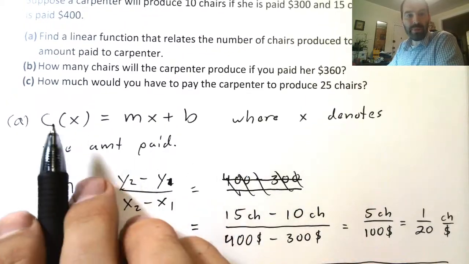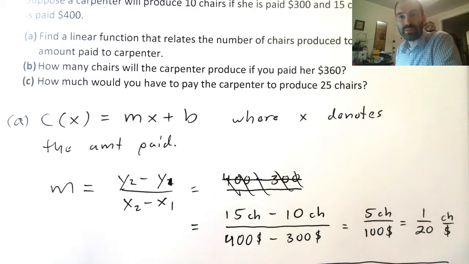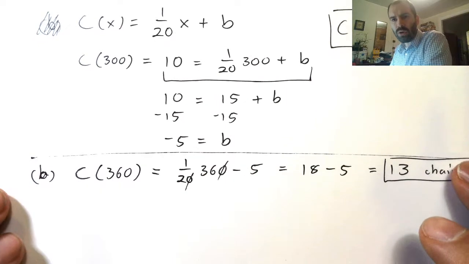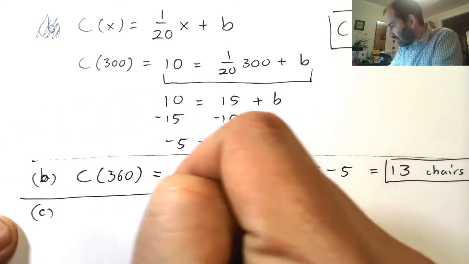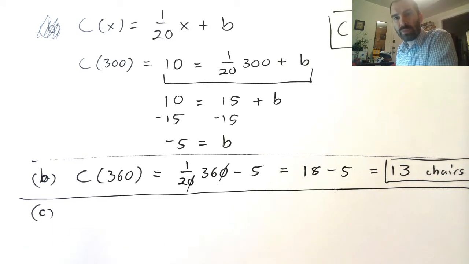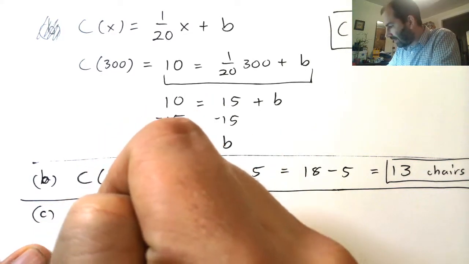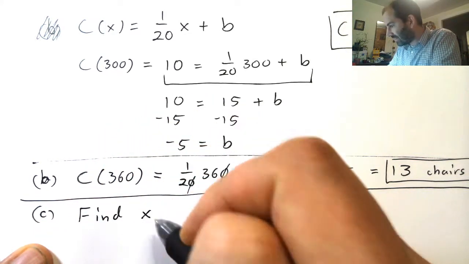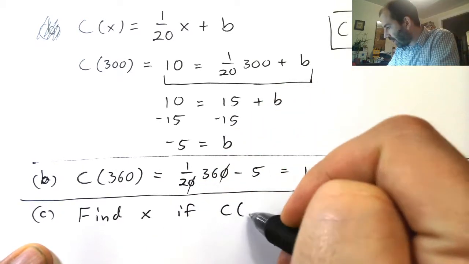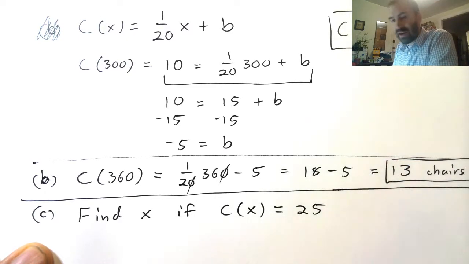Part C: how much would you have to pay the carpenter to produce 25 chairs? Now we're being told the number of chairs, and we want to know how much we have to pay her, so we want to find x if the number of chairs she produces is 25.